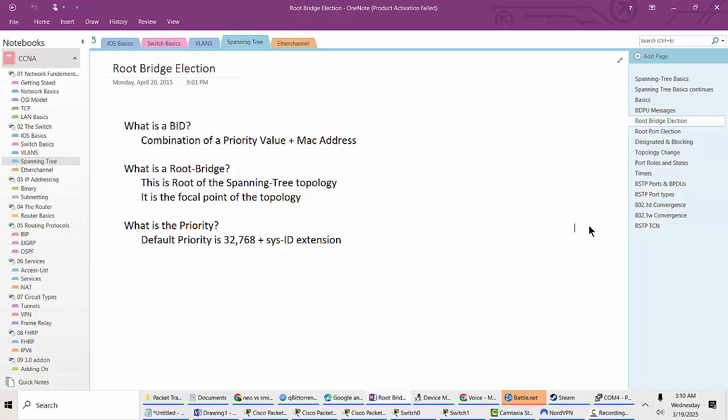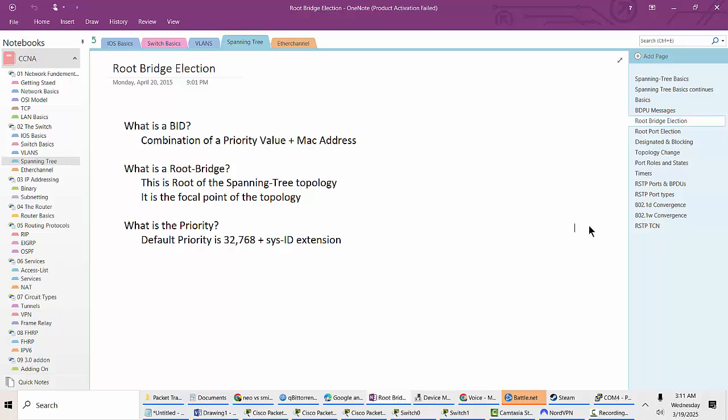So, the root bridge is the root of the spanning tree topology. Now, what did you consider a root? Think of a tree, because we're talking about a tree. Not just the trees dropping on, but the topology itself as a tree.